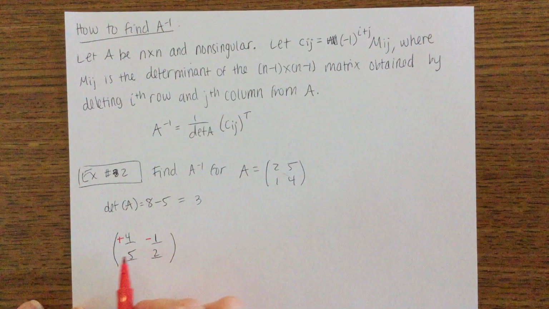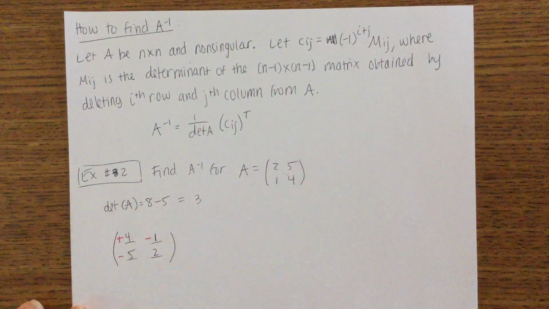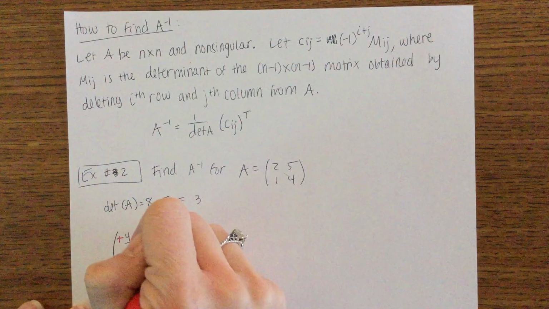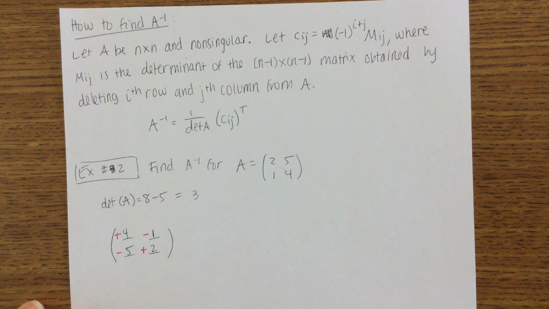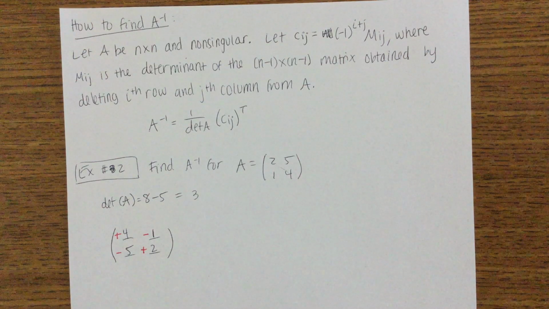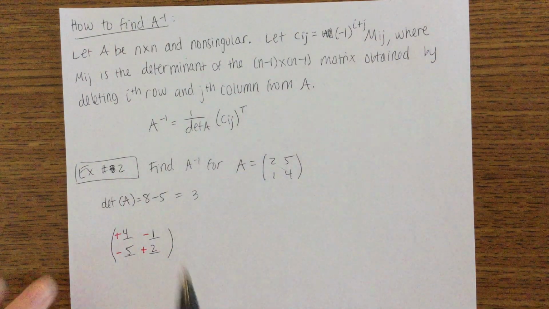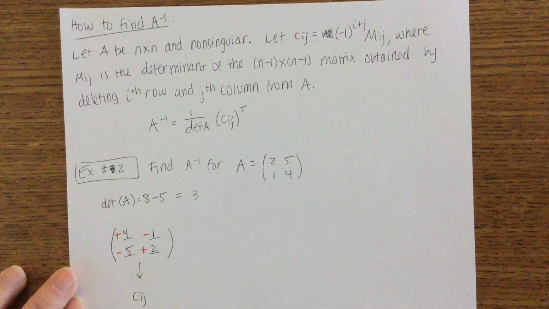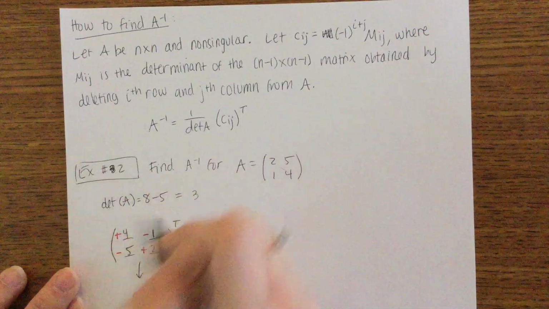Down here, second row, first column, again 3, this will be negative. Second row, second column, 2 and 2 is going to give us positive. Okay, this now is the C of ij. Next thing we're going to have to do is take the transpose.